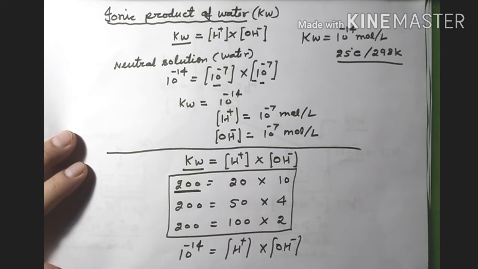Now what about the basic solution? What happens in a basic solution? If in the basic solution the concentration of OH minus ion dominates over the concentration of H plus ion, then the solution is said to be basic.